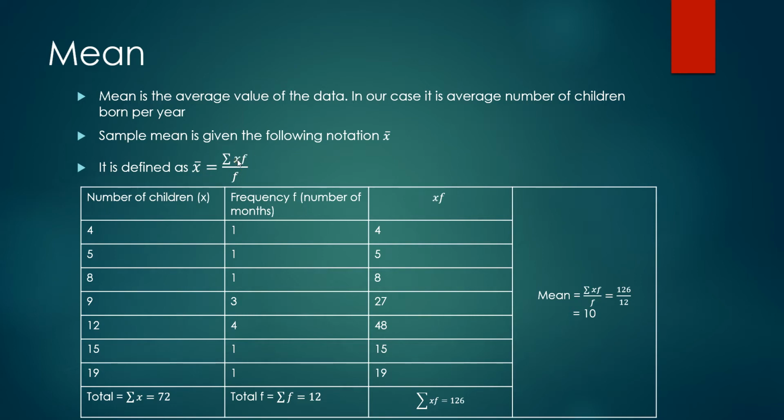The sum of xf on top is 126 and the sum of frequency is 12, and if you divide these two you will get 10.5, approximately 10. That means on average in each month we have 10 children. That's the mean, one of the descriptive statistics we can analyze using our ungrouped frequency table.